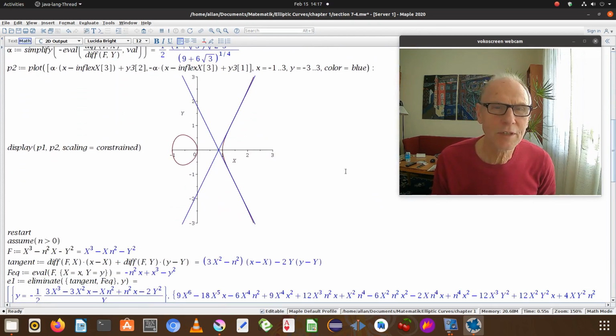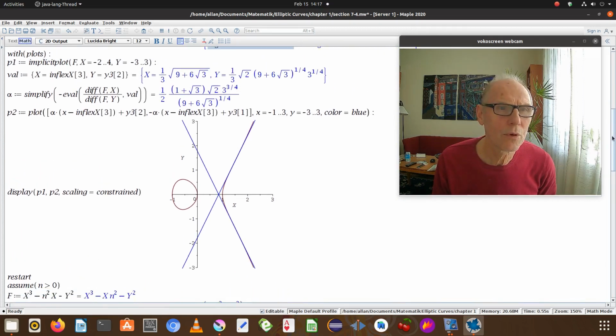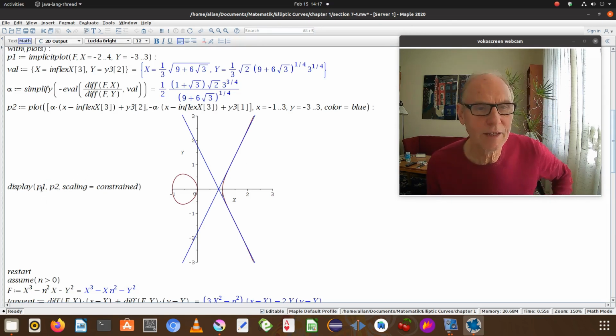So I plotted them. First I make an implicit plot of the elliptic curve, and then I calculate the formula for the tangents and plot them, and then we map them together.